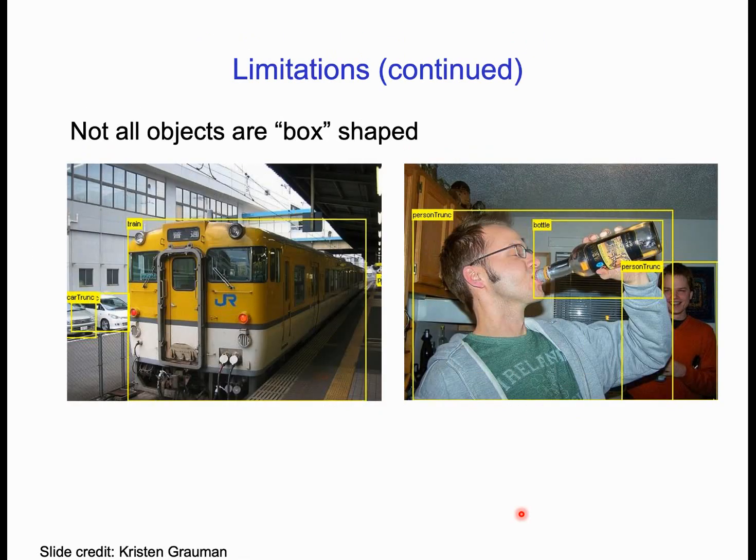Some limitations: we are well aware that while faces look like box-shaped patches in the images, most objects are not box-shaped. If I look at the train, for example, the geometry doesn't fit in a box. If I look at a human body instead of a face, obviously different parts with different deformations, it doesn't look like a box at all.